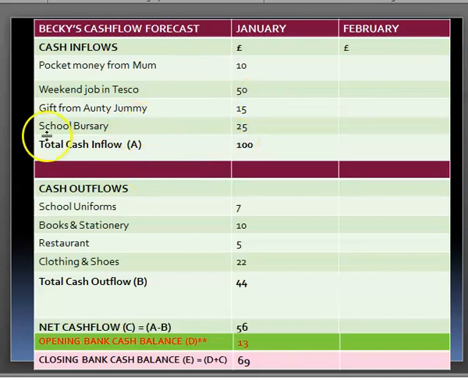Then when you add all this together, you expect to have £100 coming in for you every month. This £100 that comes in for you is called your total cash inflow, which means your total income. The money you're expecting to get every month is £100.